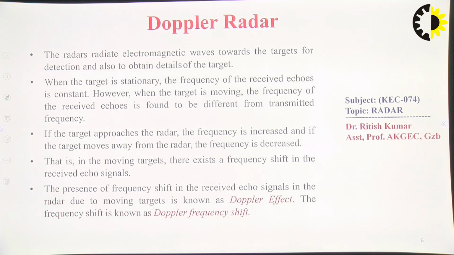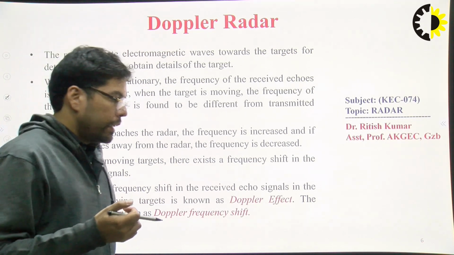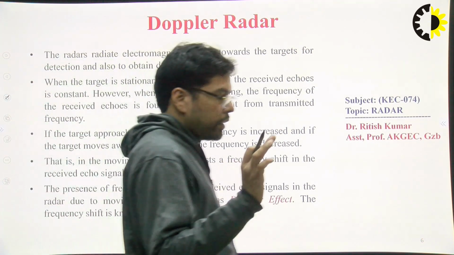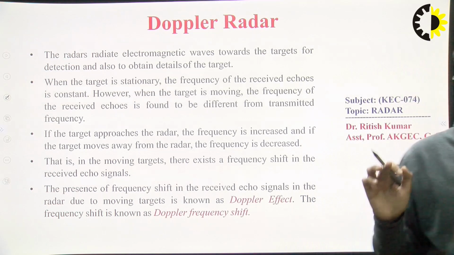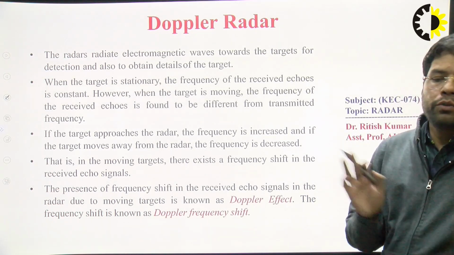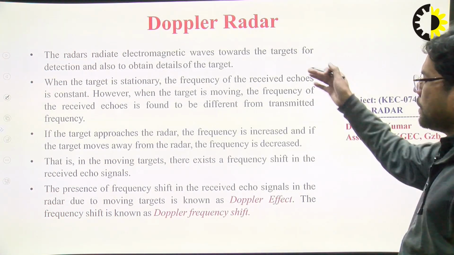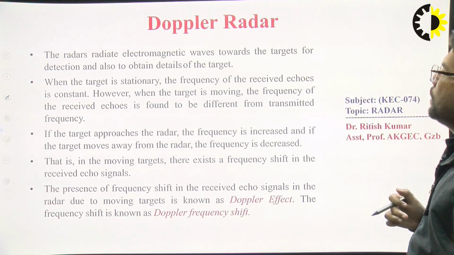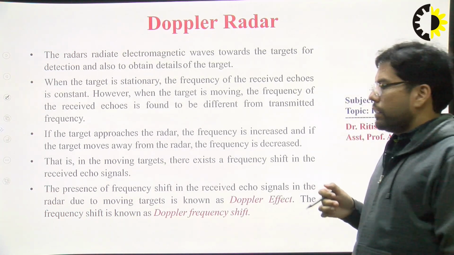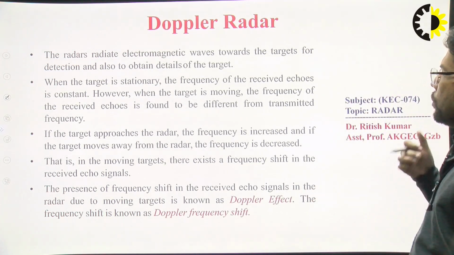If we go back to the basic concept of relative velocity that we already read in physics, if we move in the same direction, then you will have less relative velocity compared to if you move in the opposite direction. The same concept applies in the Doppler radar. If the target is moving towards the receiving antenna, then the frequency will increase.